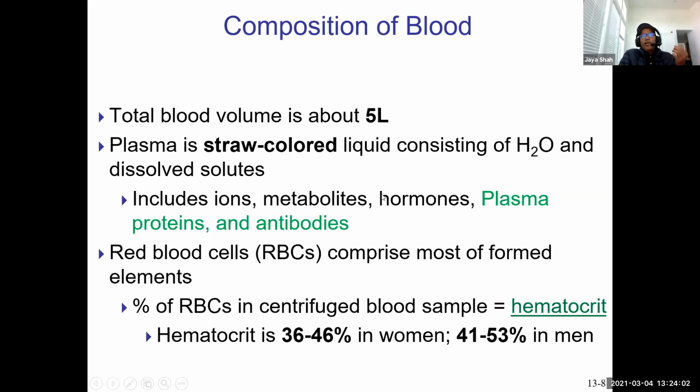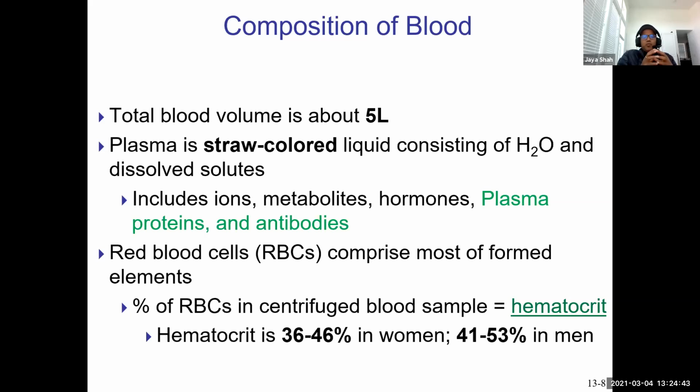Metabolites means when you have eaten sugar, then glucose, fructose, galactose, amino acids, some pyruvic acid, then other molecules, several hormones, and most importantly, plasma proteins and antibodies. So out of 7 to 8% solid particles, plasma proteins are almost 7%. And 1% is all other solid particles.